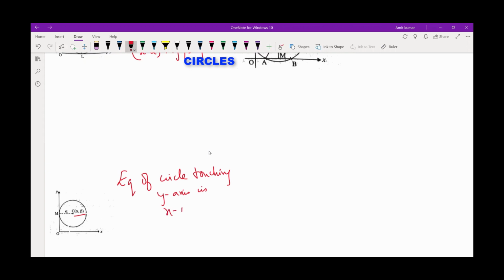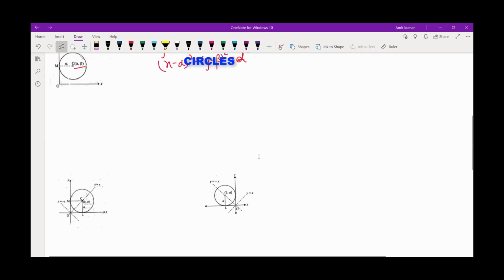So (x minus alpha) whole square plus (y minus beta) whole square is equal to alpha square. So when a circle touches the y-axis, the equation of the circle is (x minus alpha) whole square plus (y minus beta) whole square is equal to alpha square.